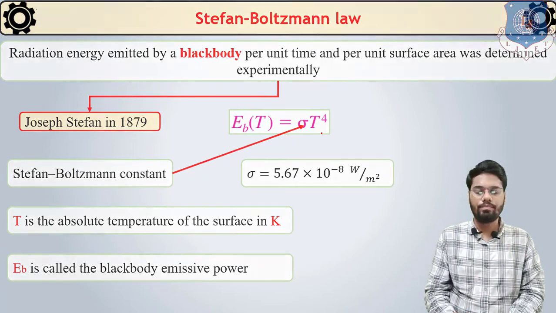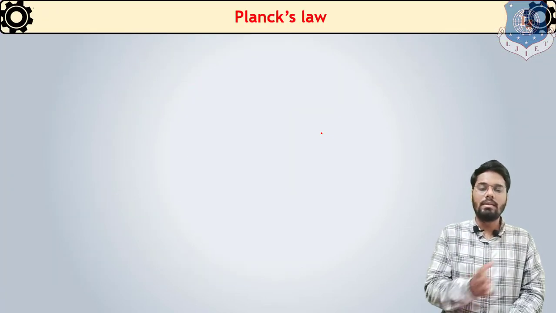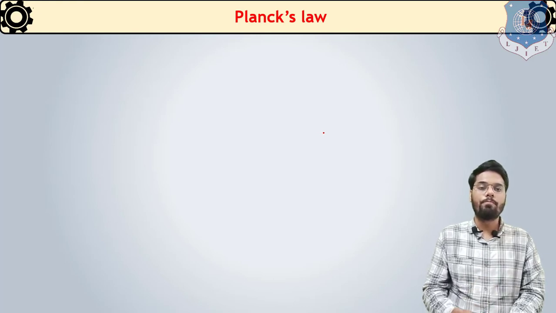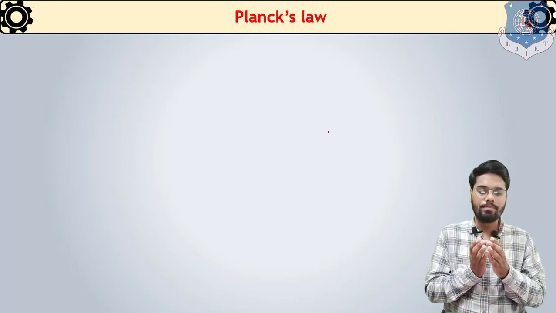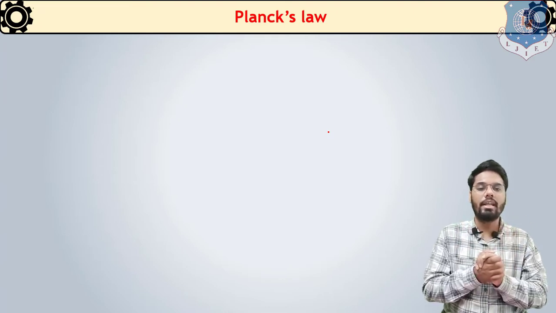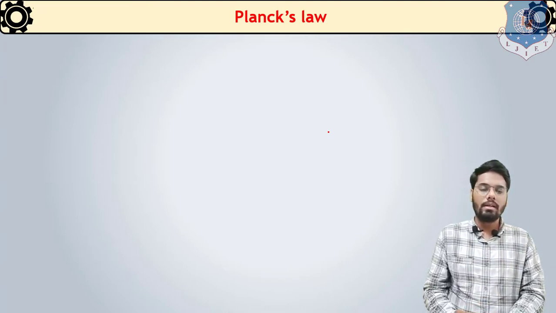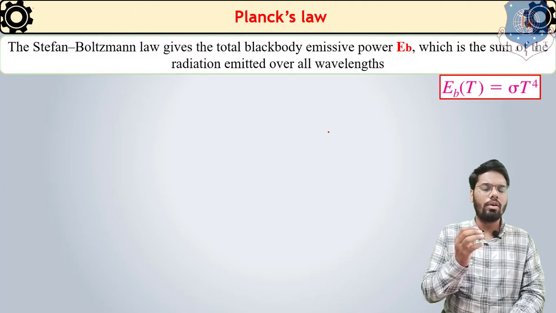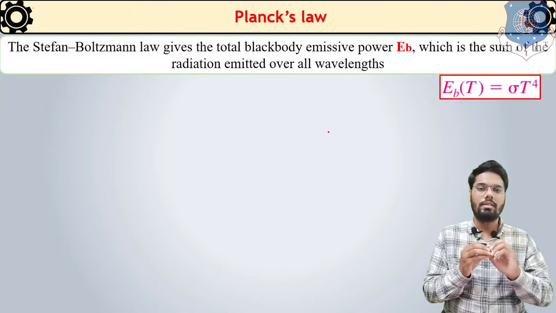Now there is another law, which is Planck's law, because at a particular temperature a body emits a wide range of wavelengths of electromagnetic waves, but in some cases we are only interested in a particular wavelength.